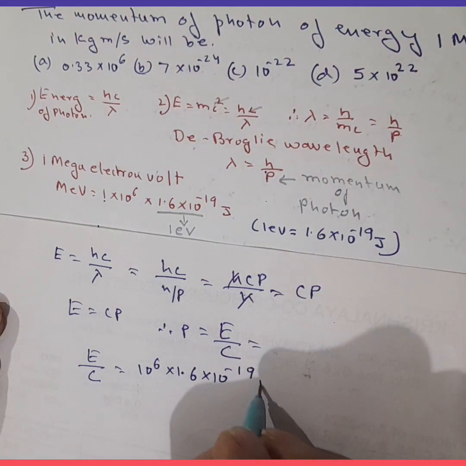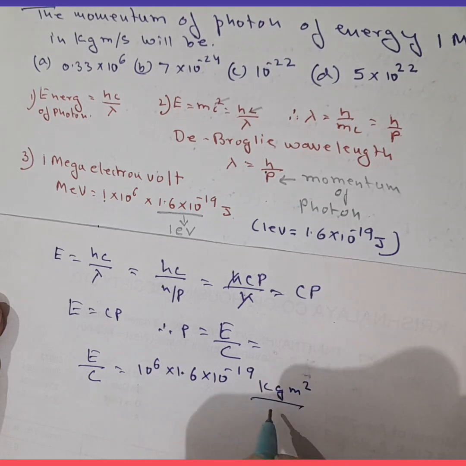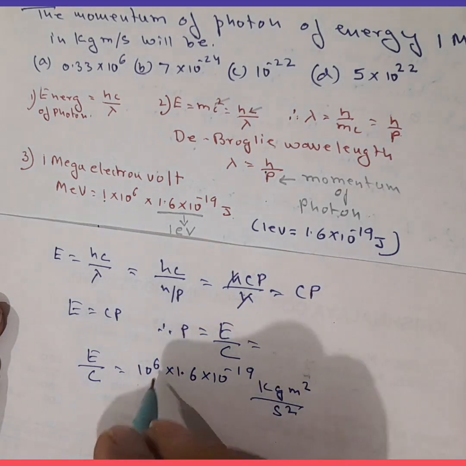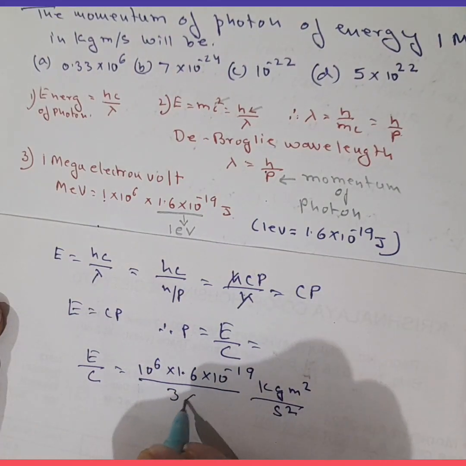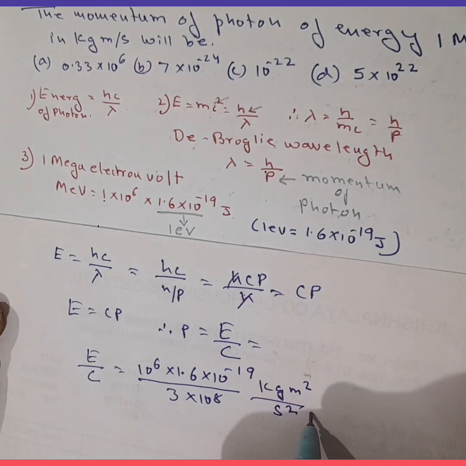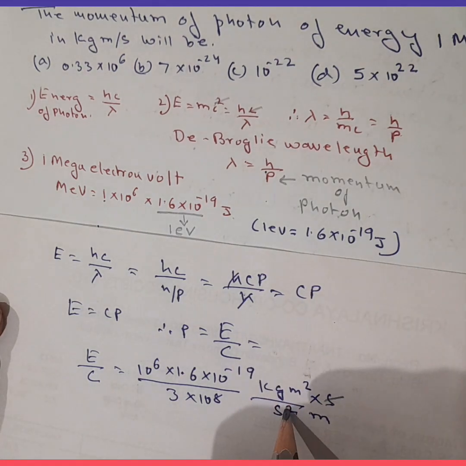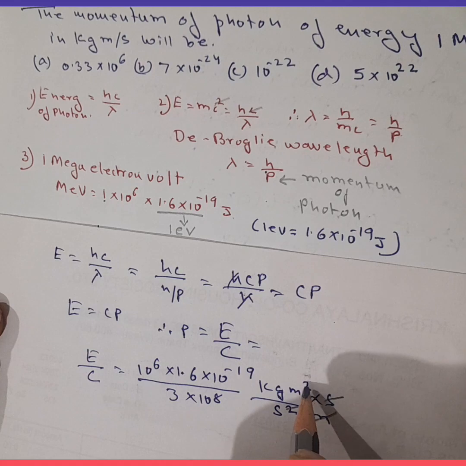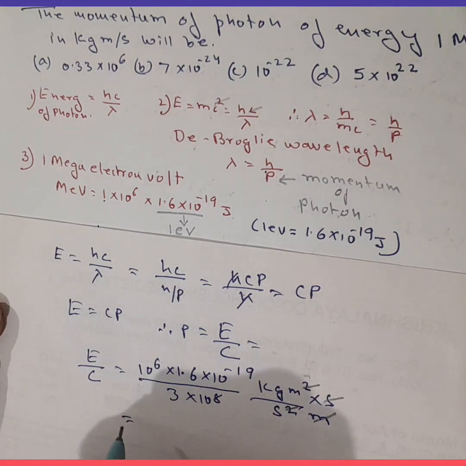Joules is kg meter square upon second square. This is then divided by c, that is 3 into 10 raised to 8, and the unit of this is meters per second. So meter stays down and second goes up, and this gets cancelled, 1 m and this gets cancelled.